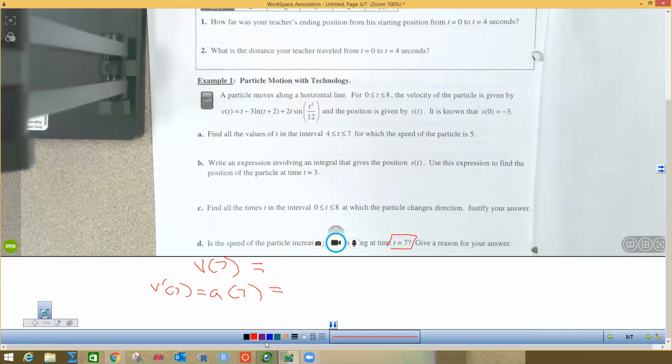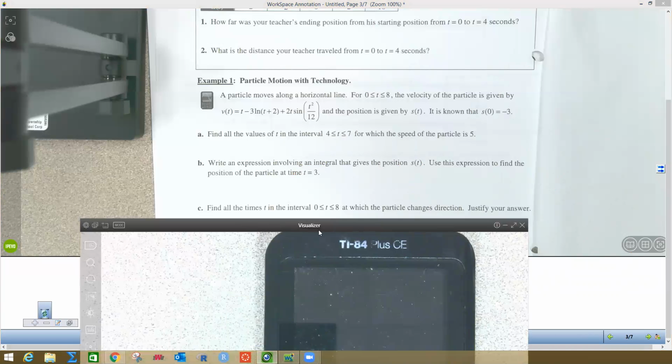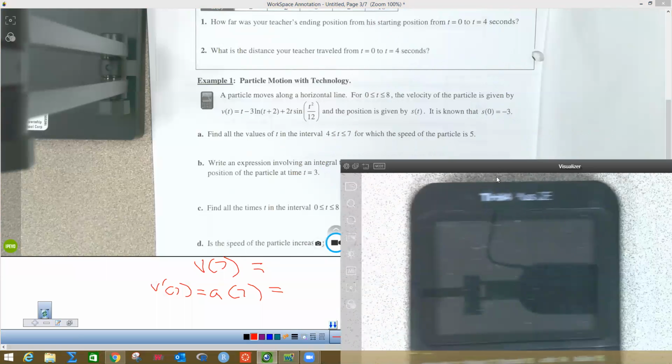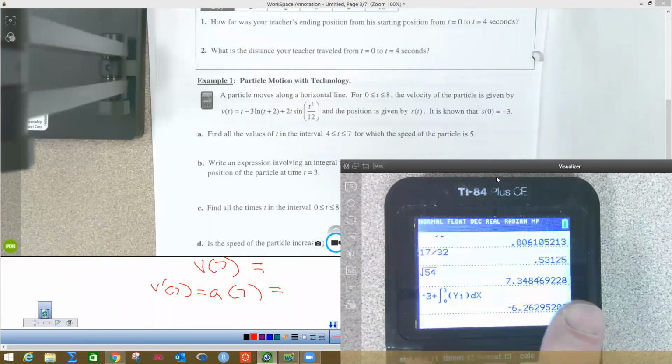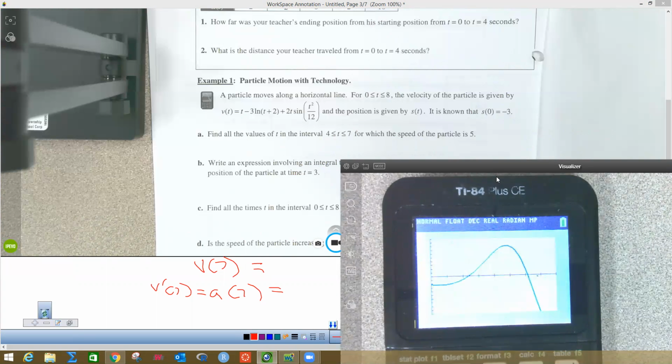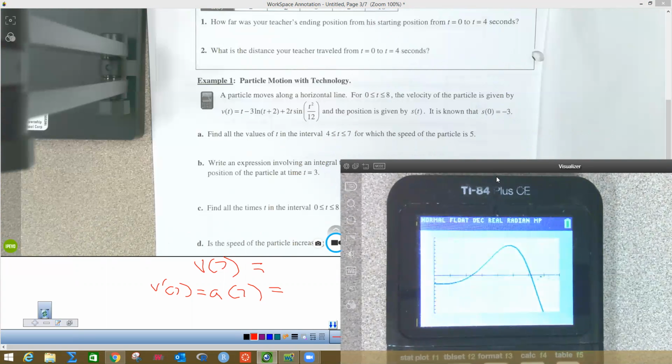Okay, so I'm going to take my calculator here. Let me get the camera back up here. Move it over here so we can see what we're going to be finding. And I'm going to go back to my graph. Okay, so that's the velocity function. So I want to find v of 7.